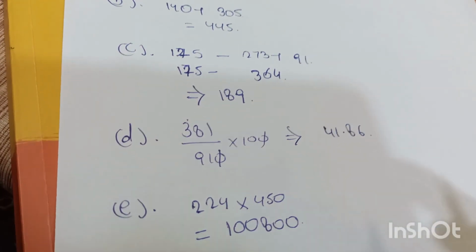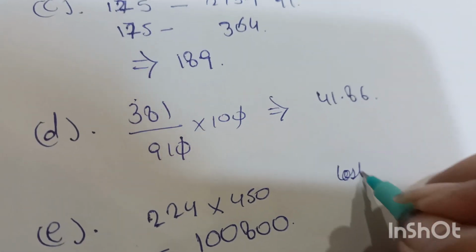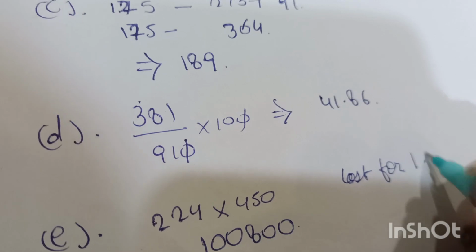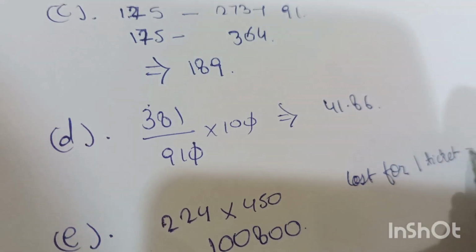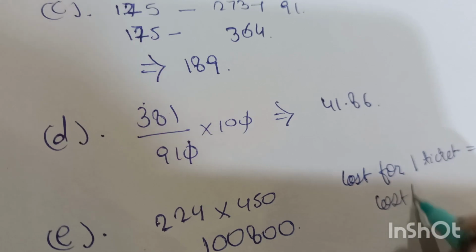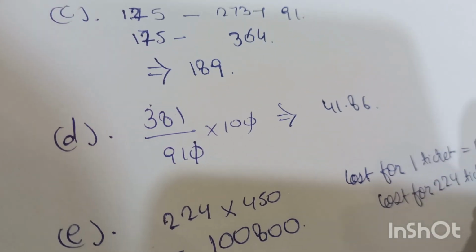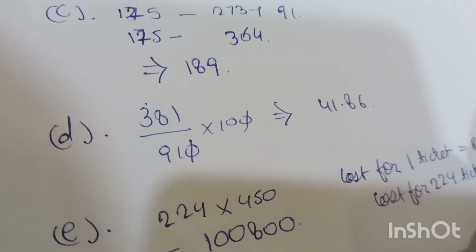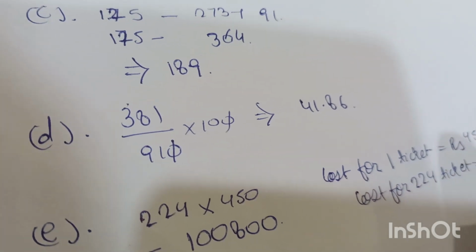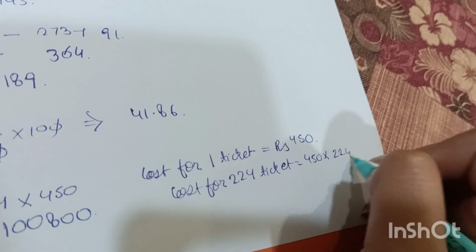For better understanding, you can understand it like this: cost for one ticket equals rupees 450. Then the cost for 224 tickets will be 450 into 224. Okay.